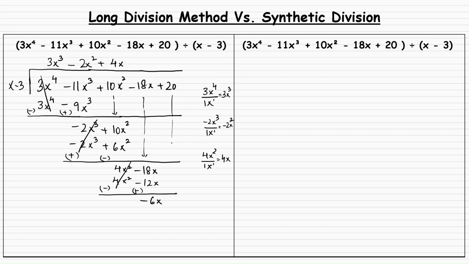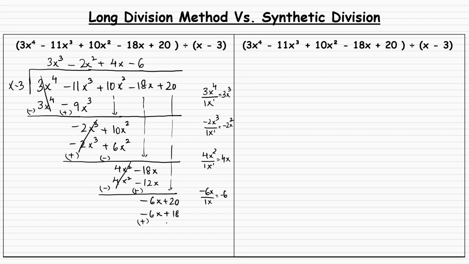Bring down 20. Minus 6x again divided by x gives me minus 6, and that's my next term in the quotient. So minus 6 multiplied by x, minus 6x. Minus 6 multiplied by minus 3 is plus 18.